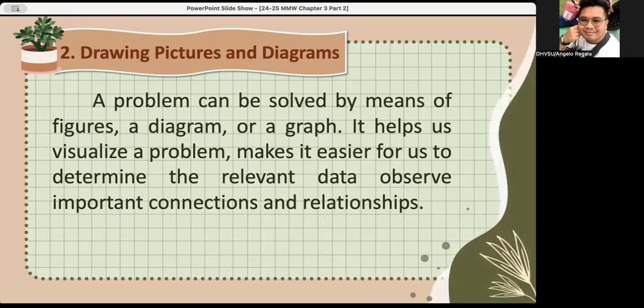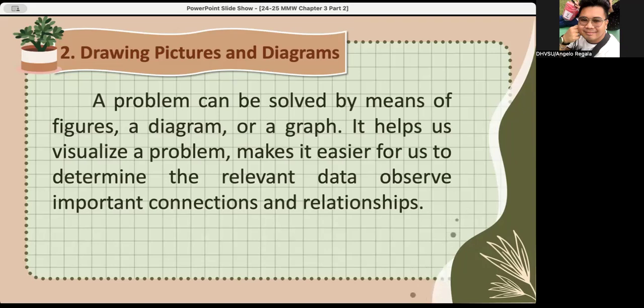Yung iba, mas madali nilang nasosolve yun kapag dinodrawing nila or dinadiagram nila or graph. Okay? So, a problem can be solved by means of making figures, diagrams, or even graphs. So, it helps us visualize a problem. It makes it easier for us to determine the relevant data, important connections and relationships in the problem.